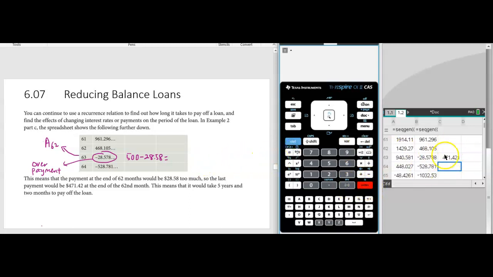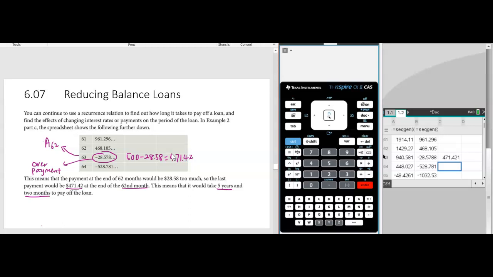So this is your last payment: 471.42. The last month she paid is at the end of the 62nd month, and she has to pay 471.42. So how long altogether did the loan take her to pay off? 62 months. 5 times 12 is 60 months, so 5 years and 2 months to pay off the loan.